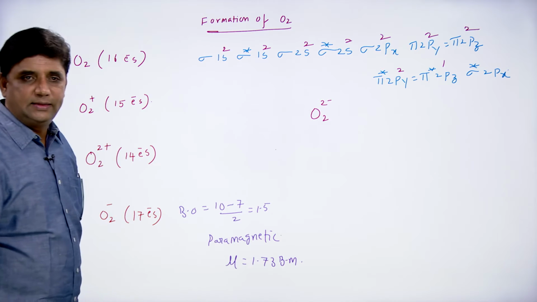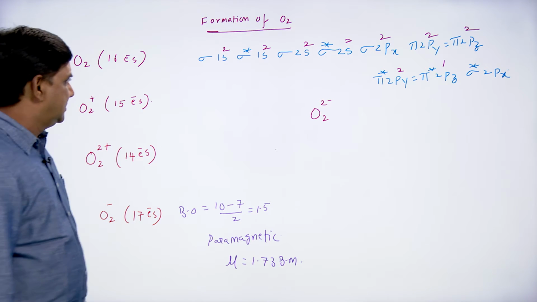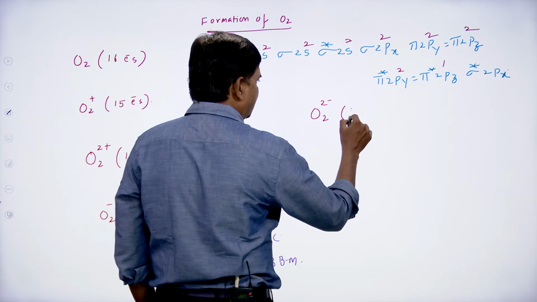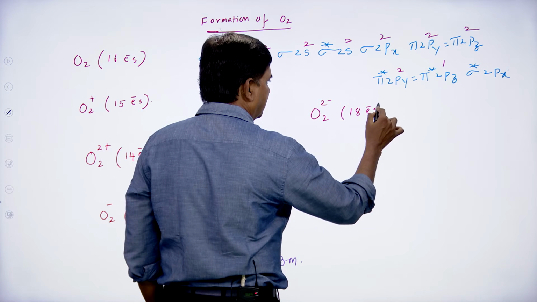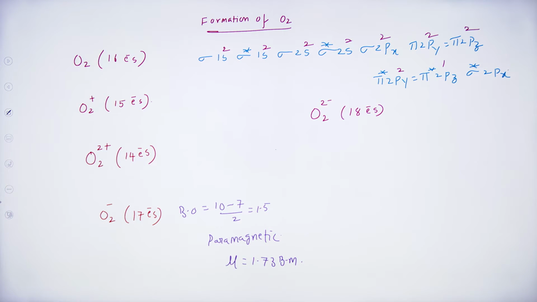O2 2 minus. O2 2 minus means how many electrons, students? 18 electrons.